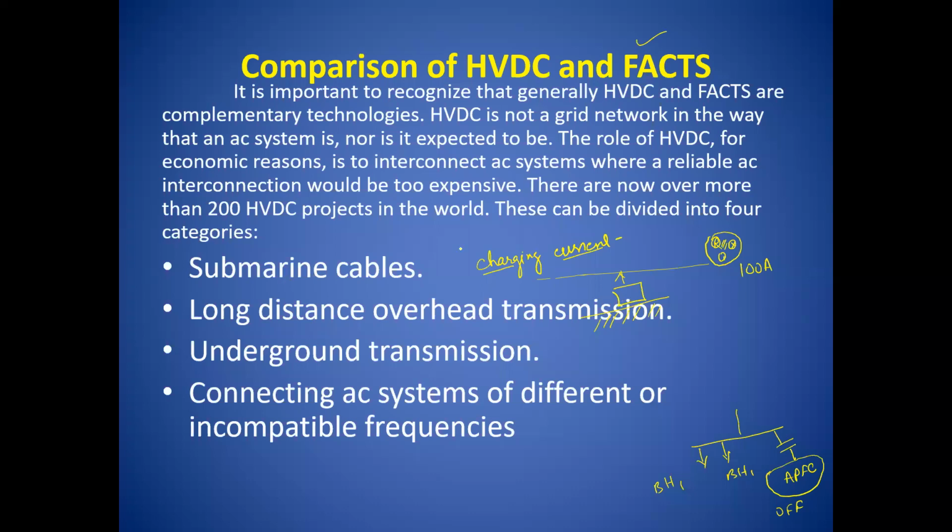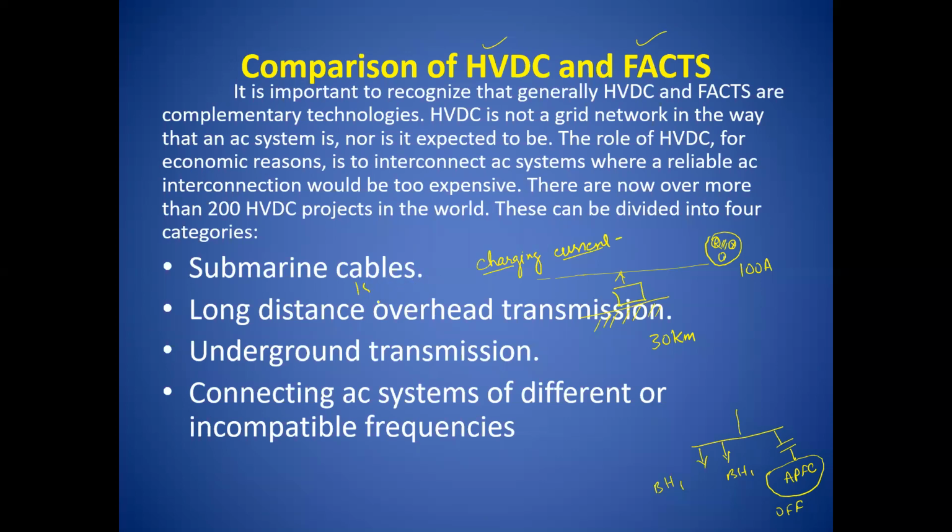And here, this is the drawback, or the limitation, of FACT technology for use in the submarine cable, isn't it? So for the submarine cable where the length is large, HVDC is appreciated. Generally, the distance between the overhead conductors may be say 30 kilometers before needing some FACT devices, whereas in case of the cables, it is only 15 to 20 kilometers.